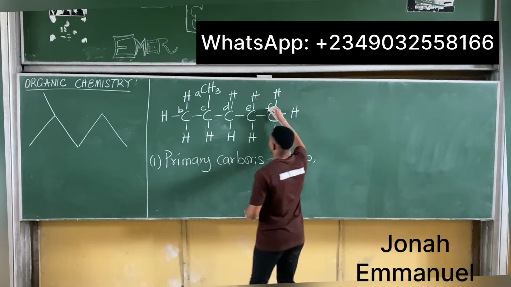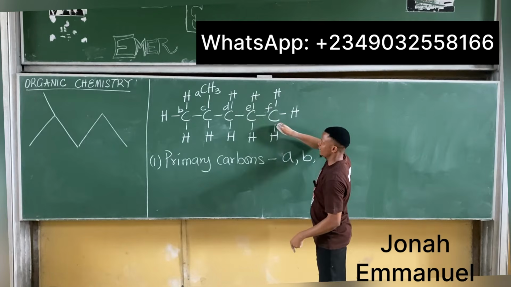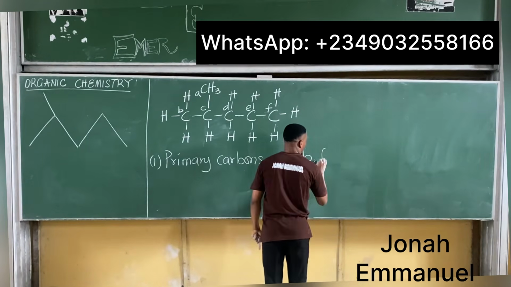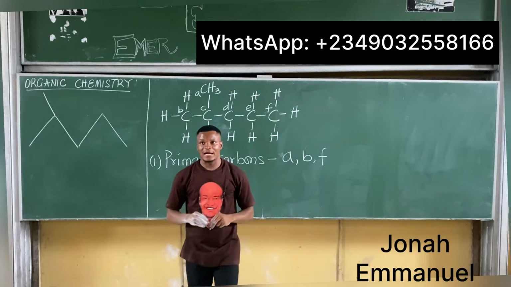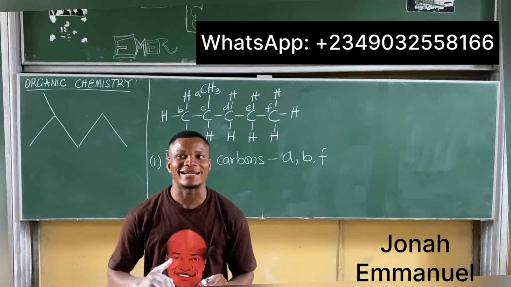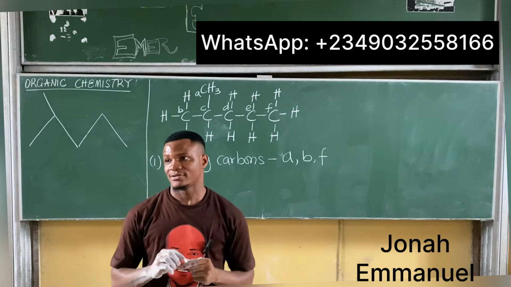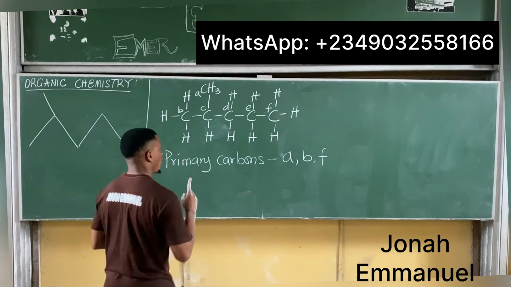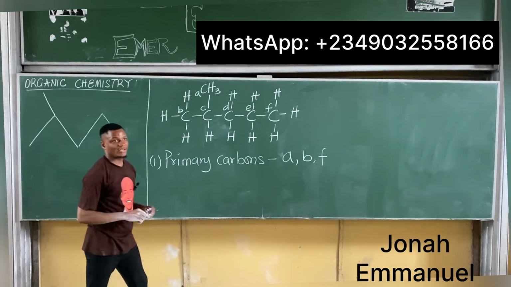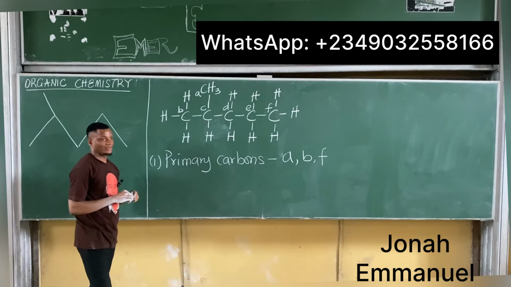Carbon F is just 1, 2, 3 hydrogen and then all of this attached to this carbon. F is also a primary carbon. Primary carbons are always carbons at the extreme. Don't forget that.